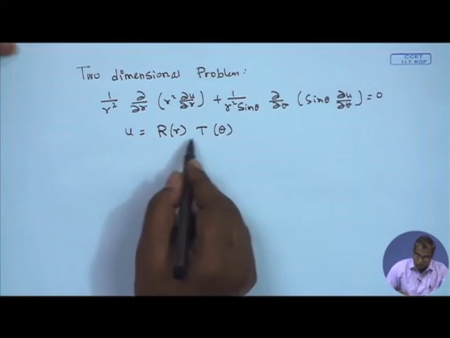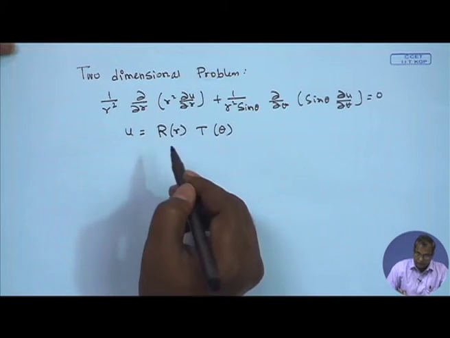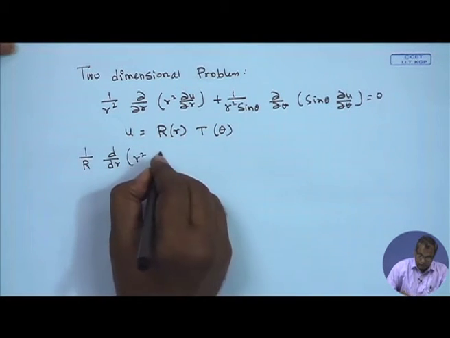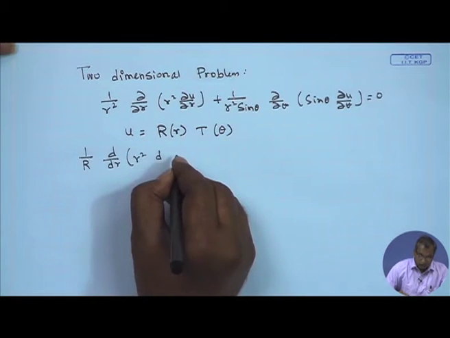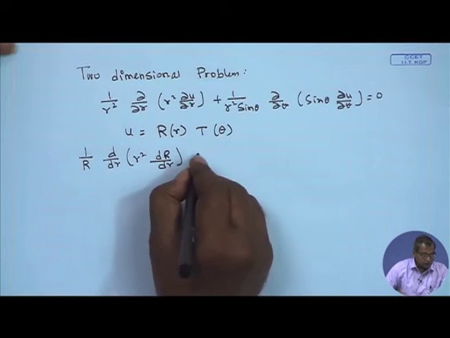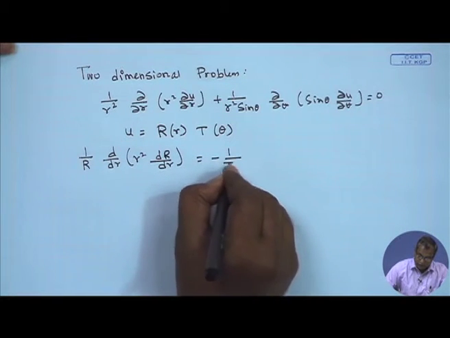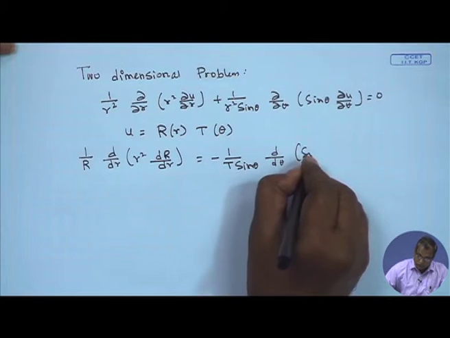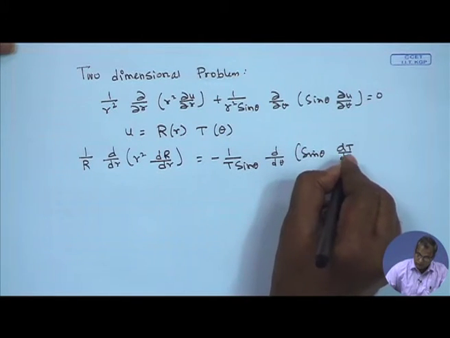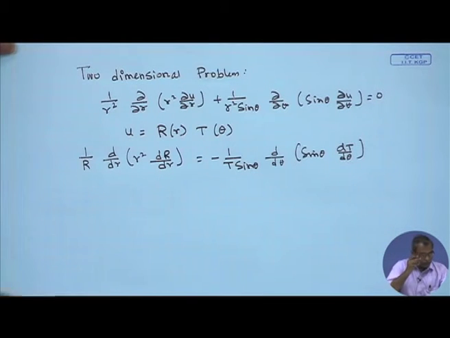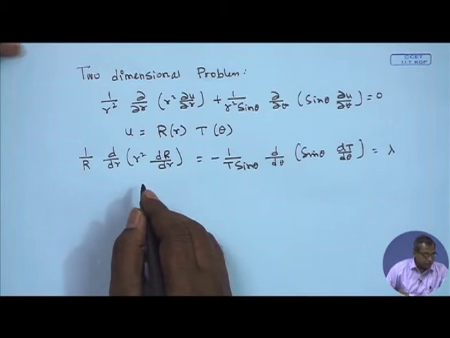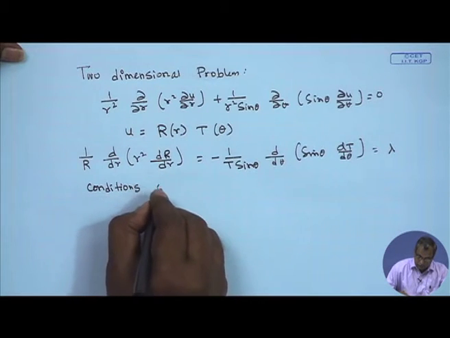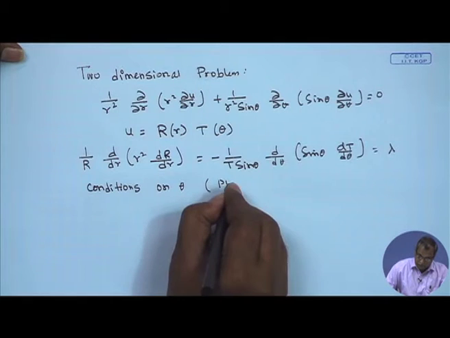If you put these in the governing equation and divide by R and T, separating the variables, we will get 1 over R d/dr of (r square dR/dr) equal to minus 1 over T sin theta d/d theta of (sin theta dT/d theta), and again this will be equal to some constant, lambda, and the conditions on theta will be coming from the physical boundary conditions.